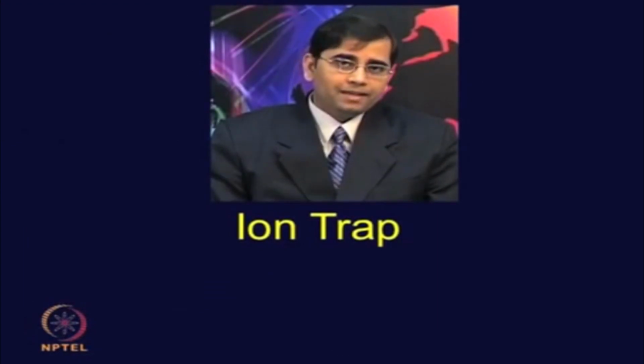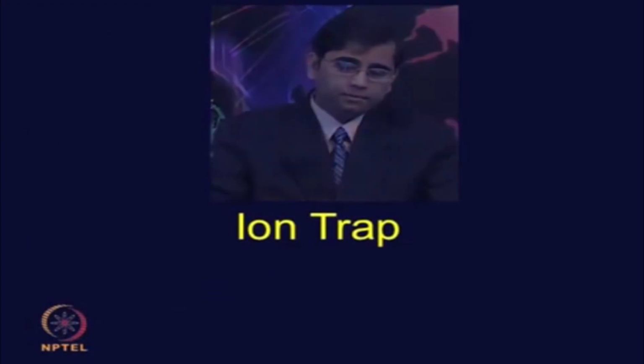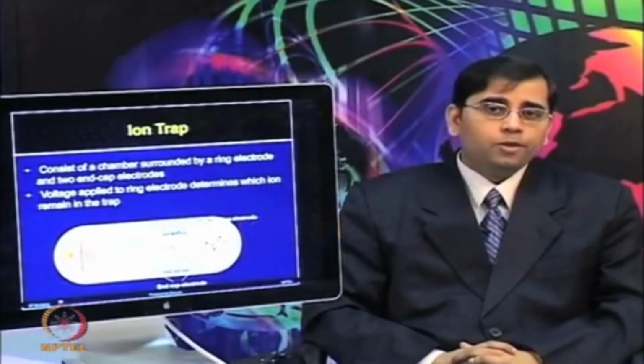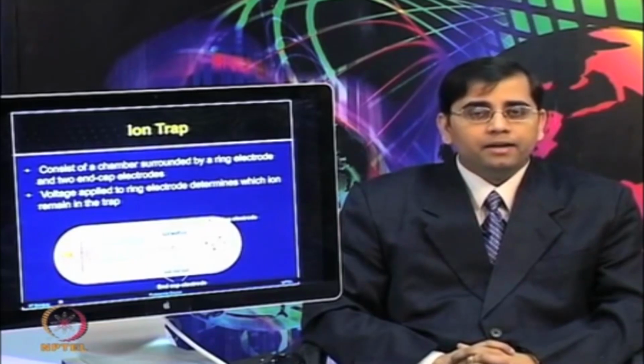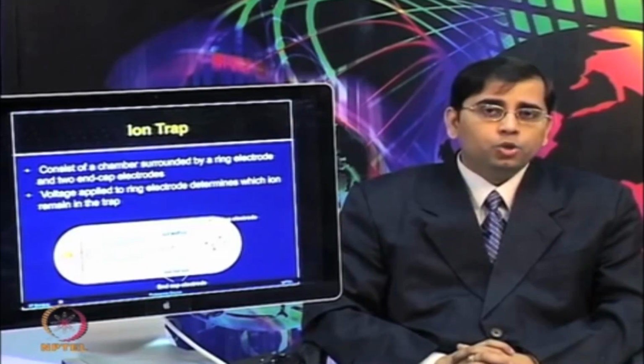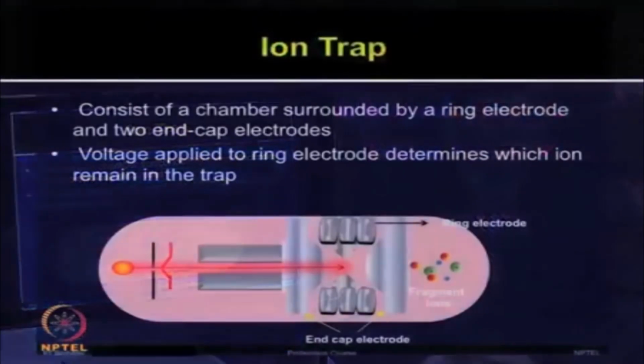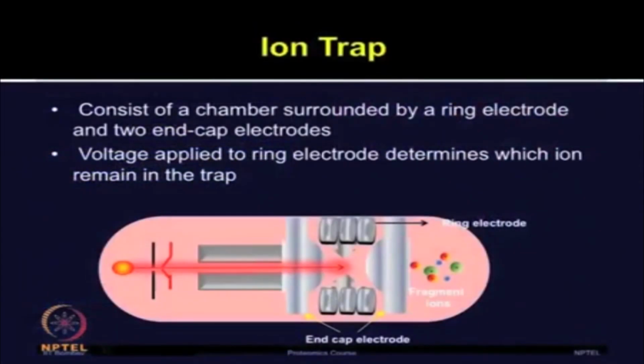Now, let us talk about another important mass analyzer, the ion trap. The ion trap traps ions using electrical fields, and it measures by selectively ejecting them to a detector. It consists of a chamber which is surrounded by a ring electrode and 2 end cap electrodes, as you can see in this figure here.